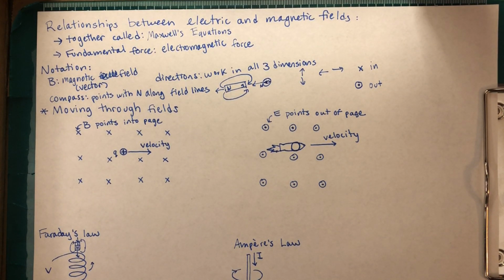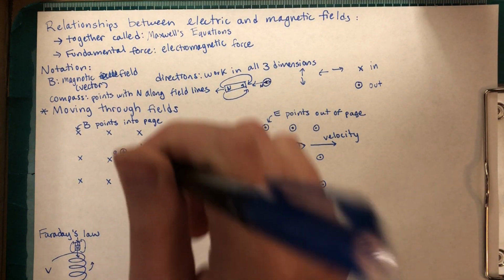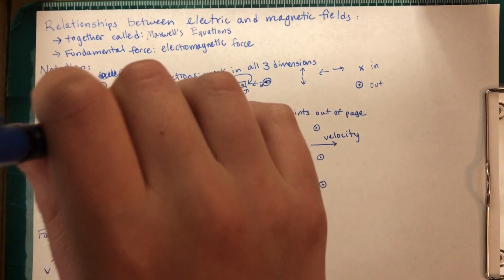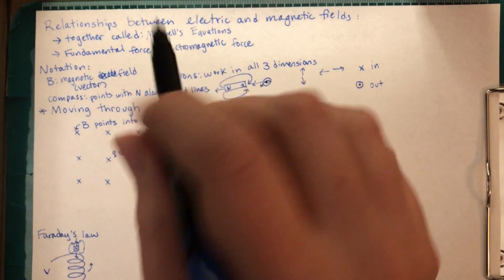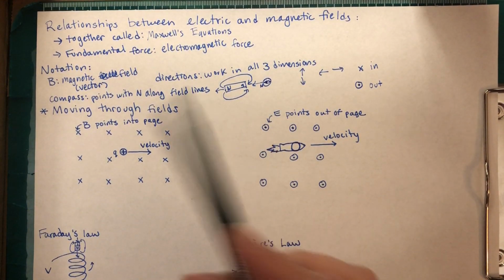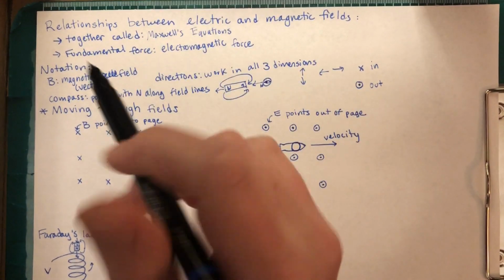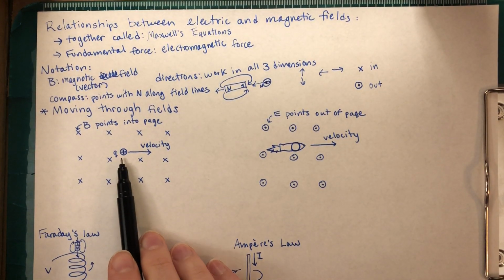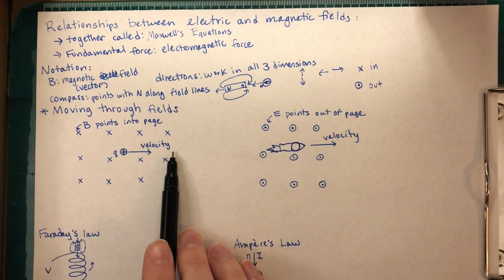So let's look at a couple of parallel corresponding relationships between electric and magnetic fields. First one we'll talk about, we have a magnetic field pointing into the page. So maybe there's a bunch of magnets nearby or something that's causing this magnetic field. And then we have a charge that is moving to the right.